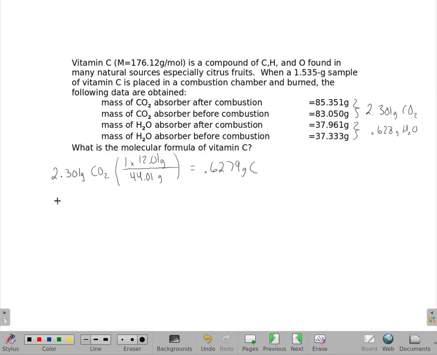All right, we're going to do something similar with that water, 0.628 grams of water. The molecular weight of water is 18.016, one oxygen, two hydrogens, and there are two hydrogens in a water molecule.